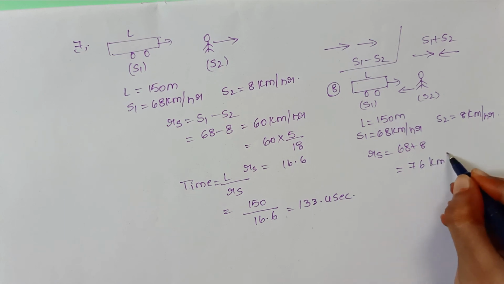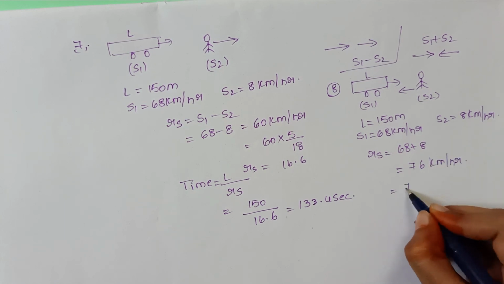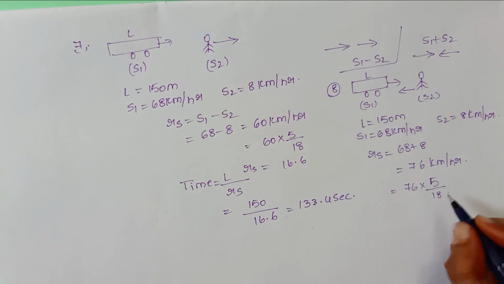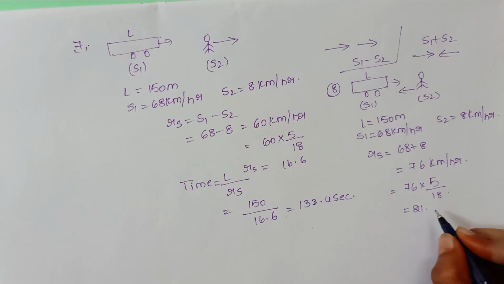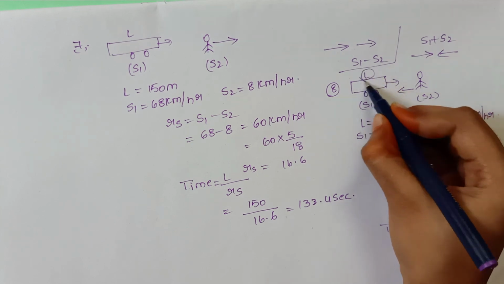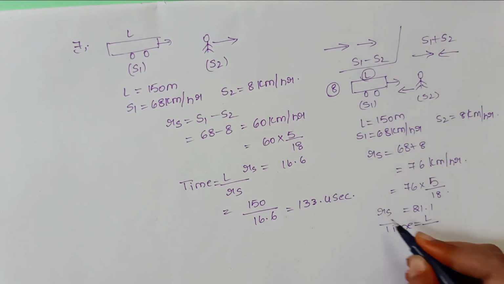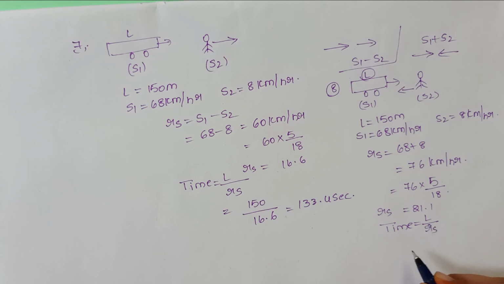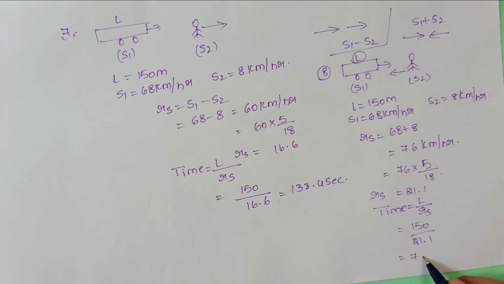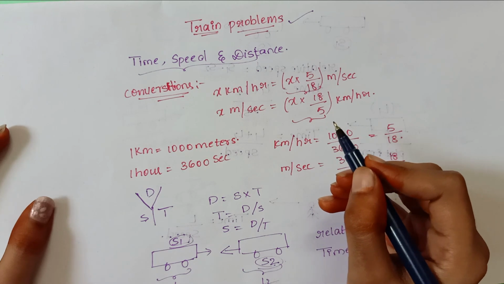Now we want to convert this. So 76 into 5 by 18. If we calculate, we'll get 21.1, where time is equals to L by RS. That means L means 150 by 21.1. If we calculate, we'll get 7.109 seconds. Okay friends, I hope everyone understand this train problems.